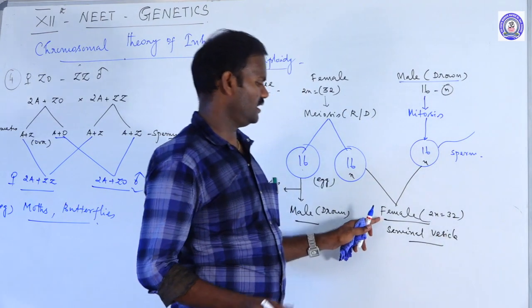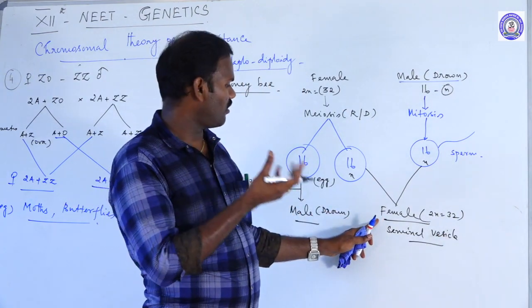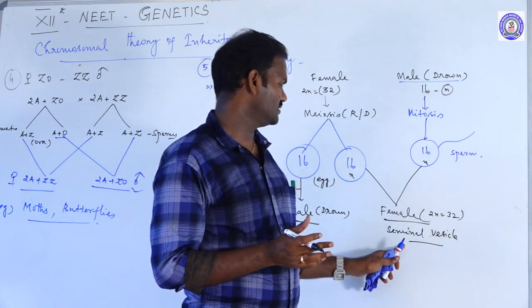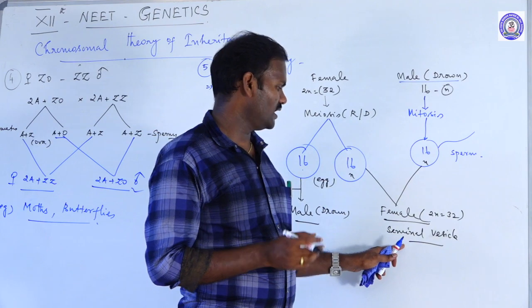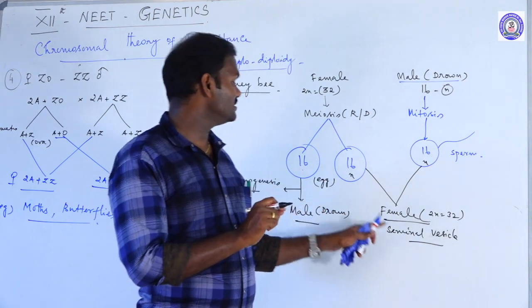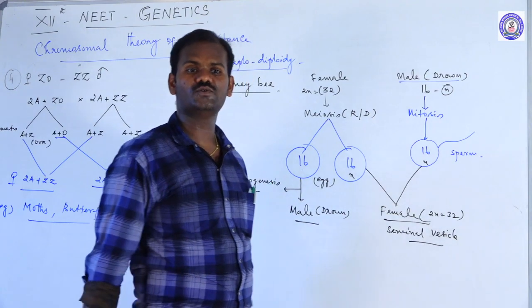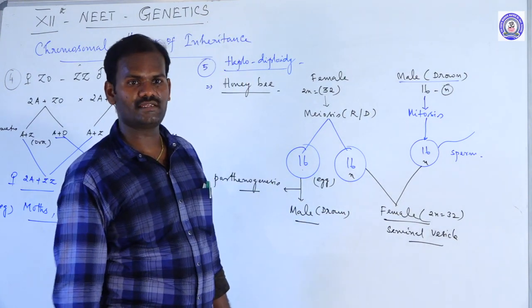The queen bee absorbs all the sperms from the male. They store them in the seminal vesicles, and these sperms do not fertilize all the egg cells. Those eggs directly develop into male without fertilization.